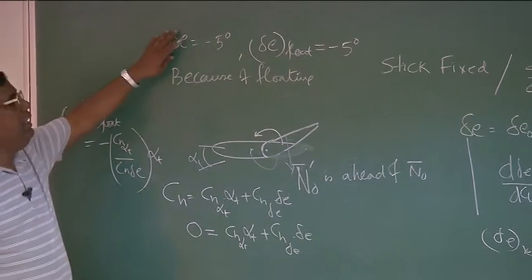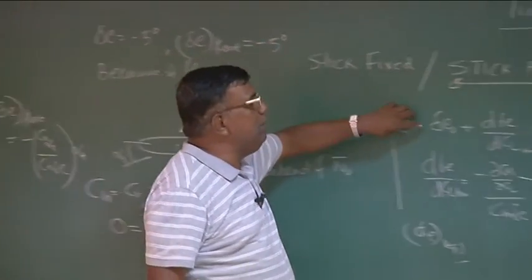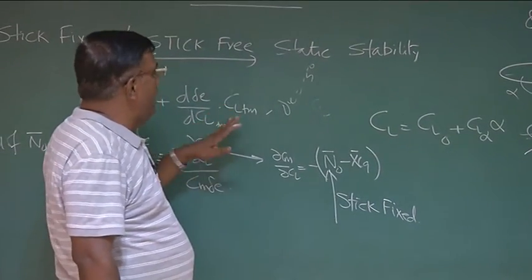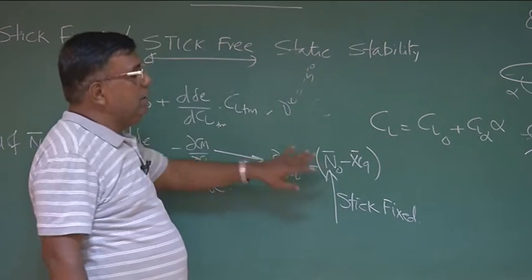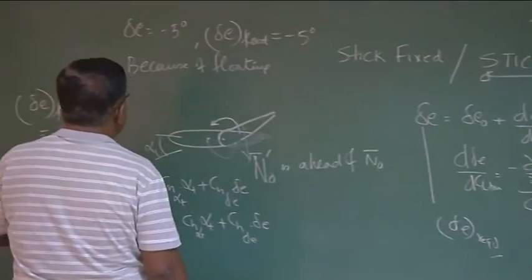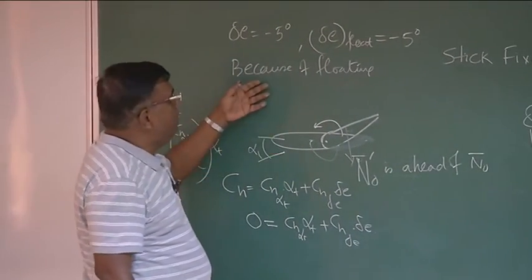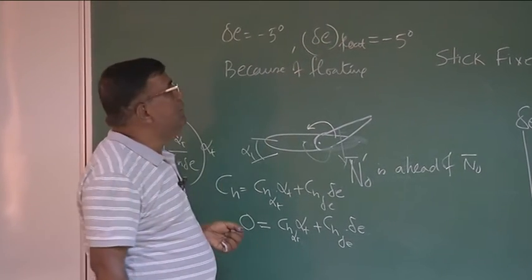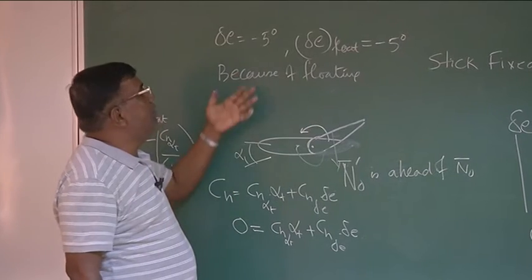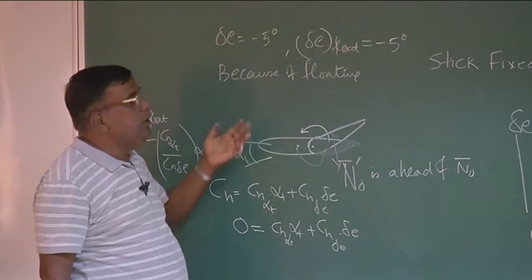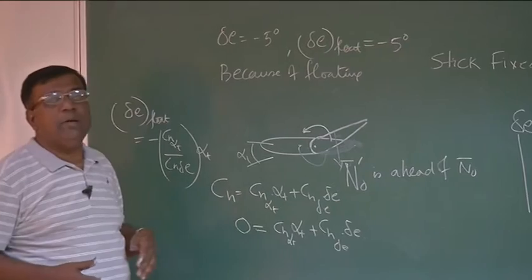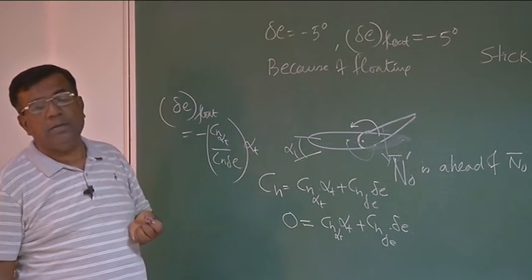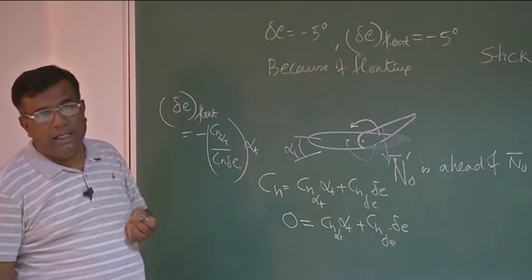Suppose I want delta E minus 5 degree to trim the airplane at given CL trim, and we are clear that this is to be evaluated by stick fixed. But what you found, once you allow it to float by itself, it floats up to minus 5 degree. So naturally, if this happens for a particular alpha t, pilot need not apply any force. It will automatically go to minus 5 degree, get trimmed at whatever CL trim is required, right?